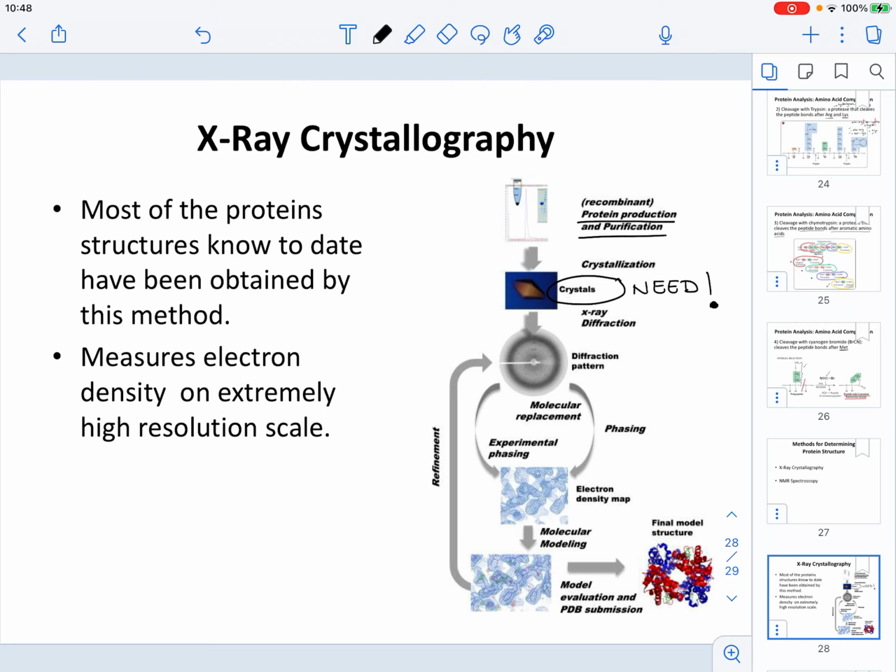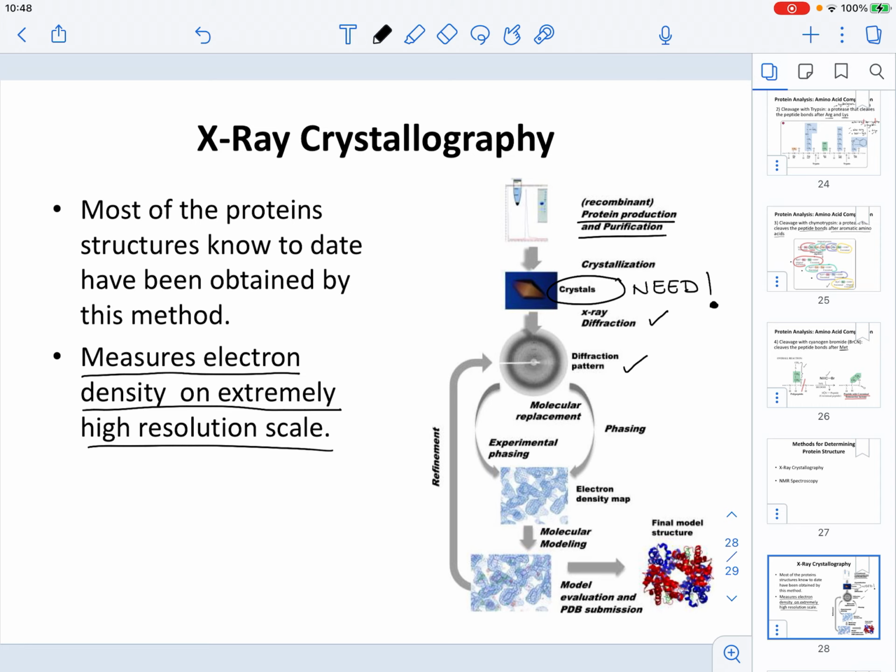Now, once we have that crystal, understand that in X-ray crystallography, we're going to measure the electron density of that crystal at extremely high resolution. So as you can see, the X-ray diffraction is going to give us a diffraction pattern of that crystal.